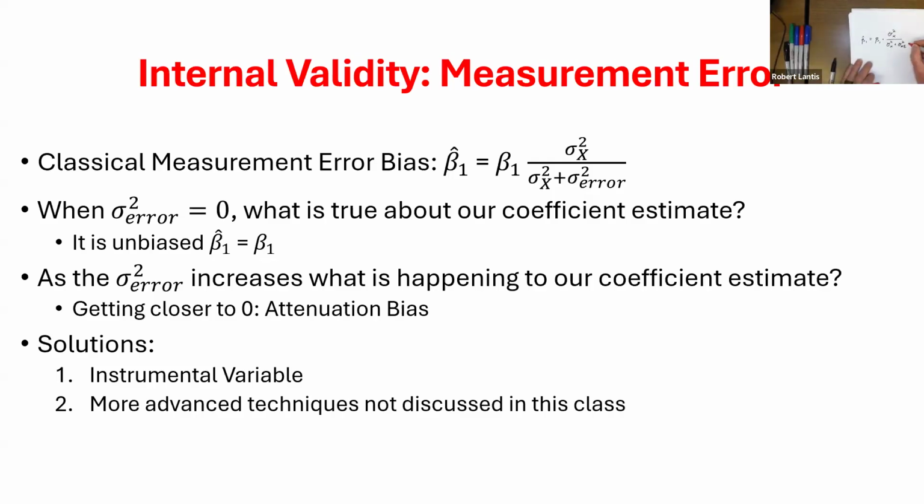If the measurement error in the variable you see is higher, what's going to be true about this fraction? If my denominator goes up, the value of the fraction is going down. So my estimate is going to be even closer to 0. The attenuation bias is worse when I have measurement error that has a high variance.